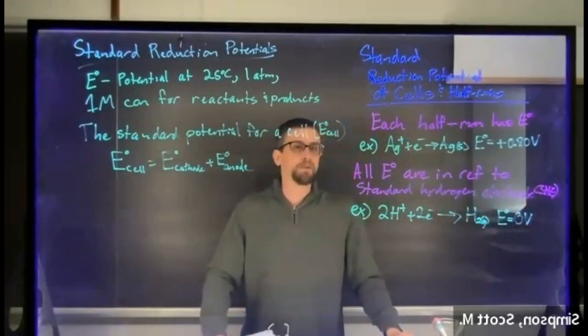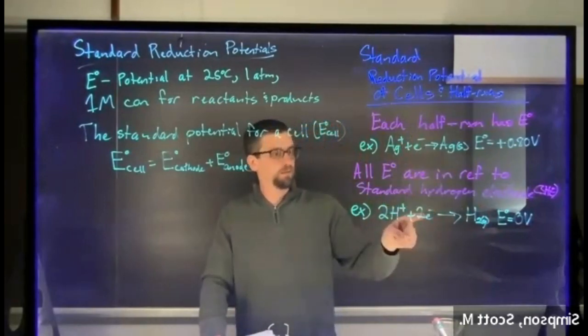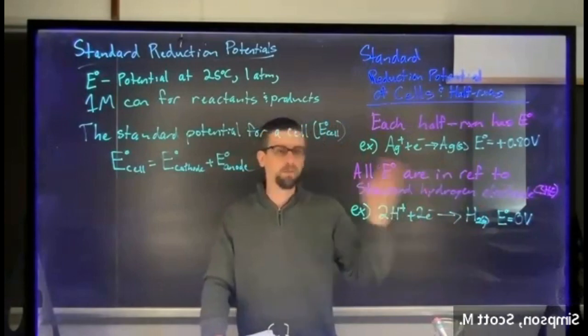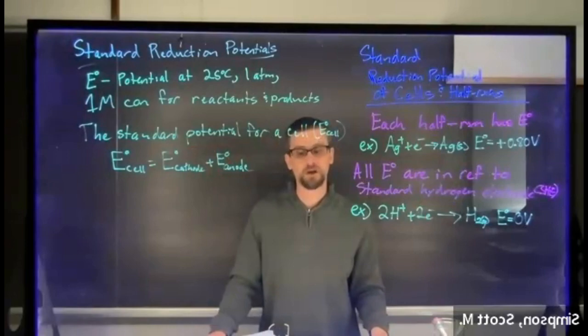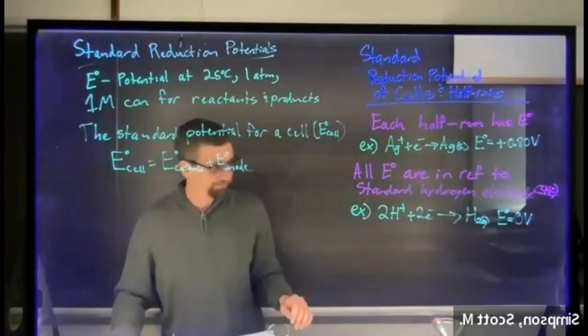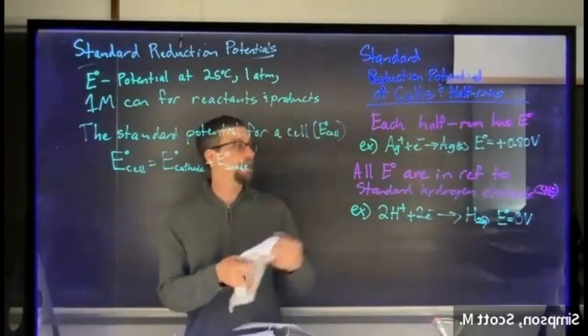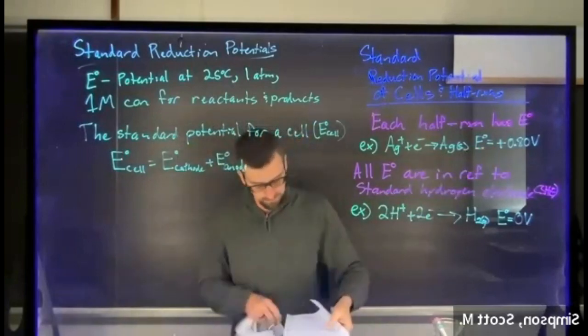The way that you find standard reduction potentials is you take a cell with the standard hydrogen electrode on one side, and whatever other reduction you want to look at on the other. From that, that's how you get these E naught values.